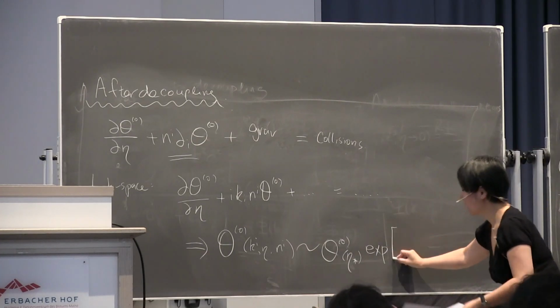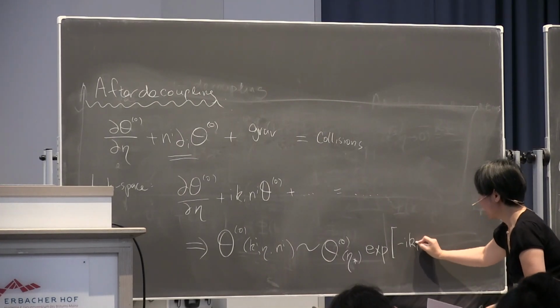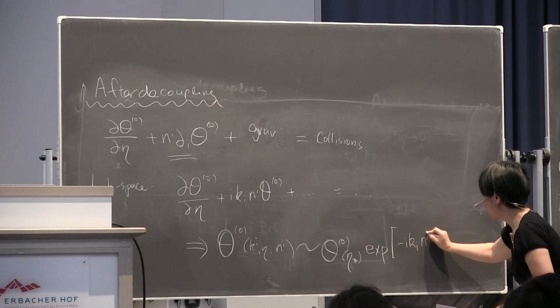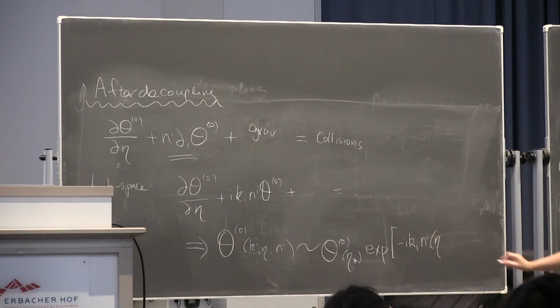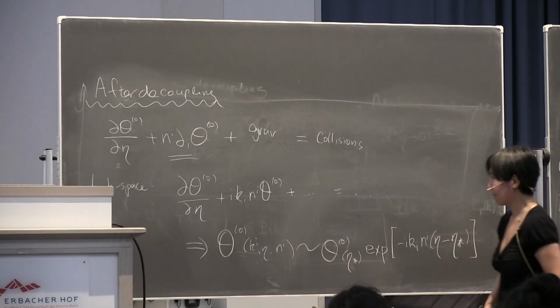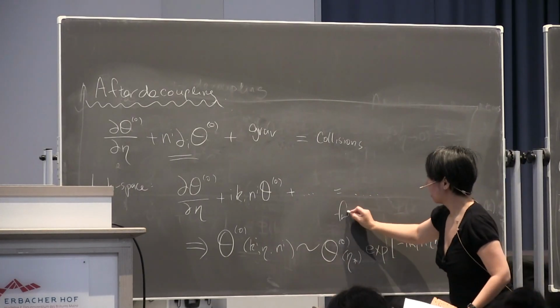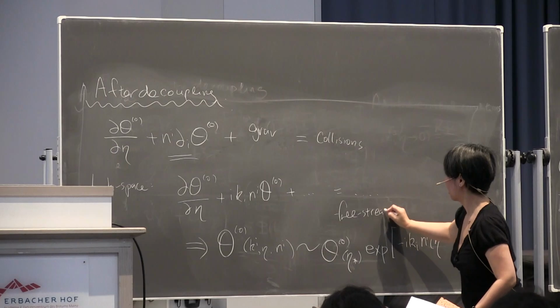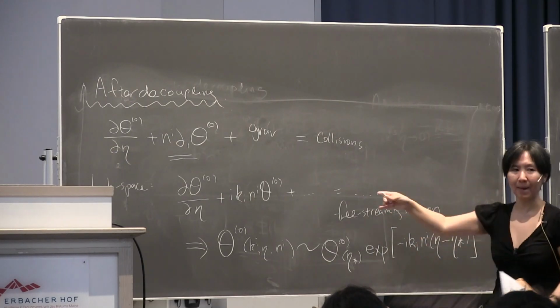So I will have exponential of minus i k·n̂, and then the time today minus the time at photon decoupling. That's a free streaming solution, schematically, anyway.